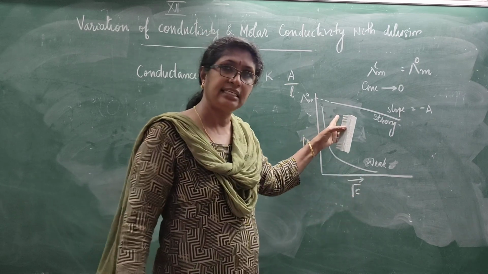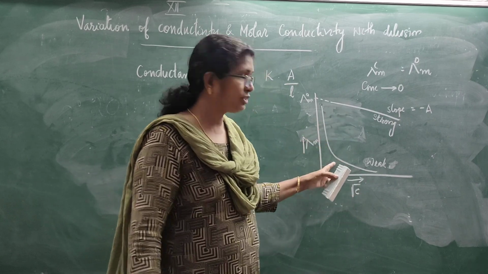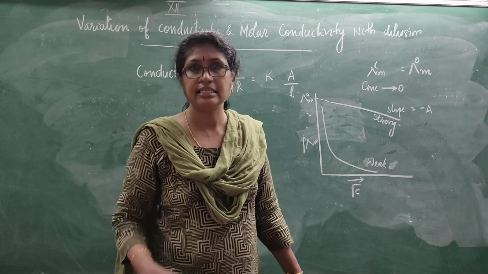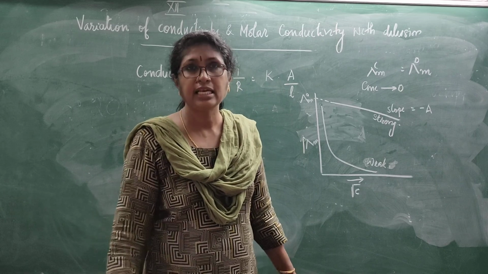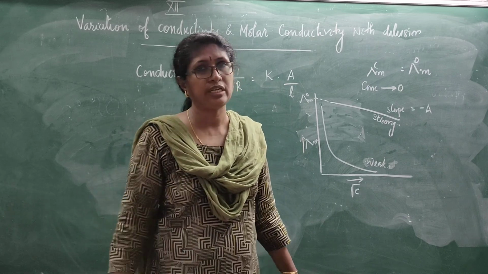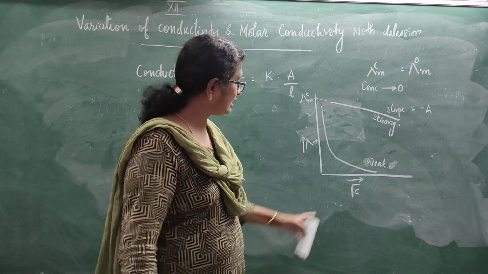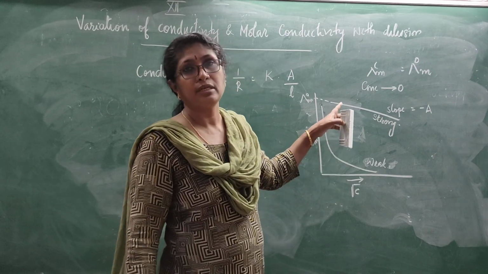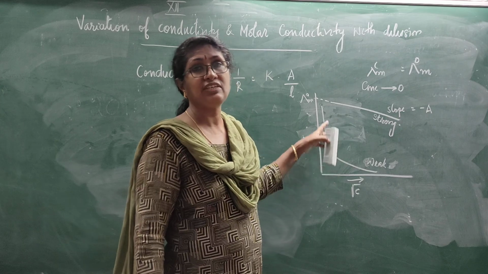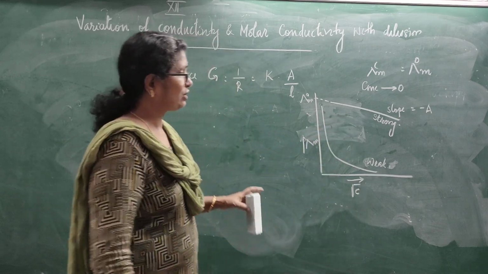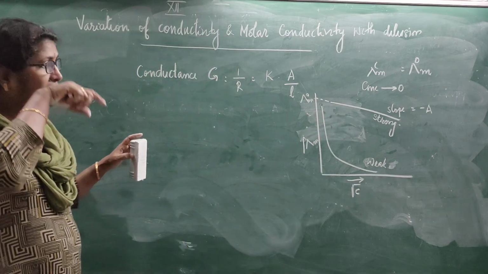Therefore conductivity increases. But for a weak electrolyte, when you go on diluting it, the number of ions goes on increasing because dissociation goes on increasing. When the number of ions increases, conductivity increases, and therefore the molar conductivity will increase for a weak electrolyte. So this is for strong and weak electrolytes.